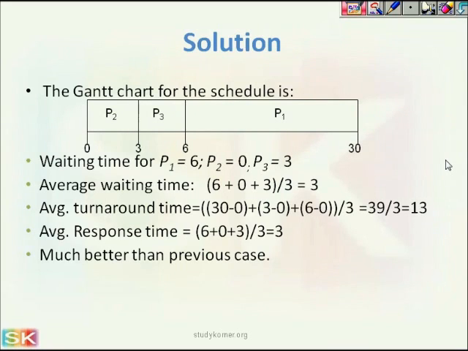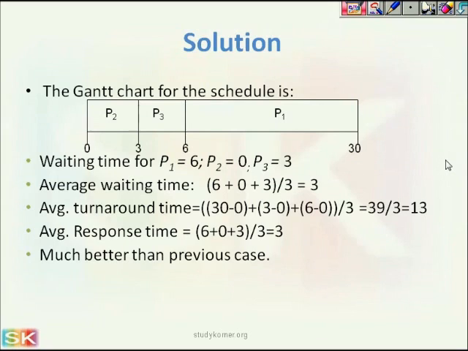If you look at the burst time of these processes, this time what we have done is that we have executed P2 and P3 first and their burst time was 3. So the highest burst time process P1 was executed last.